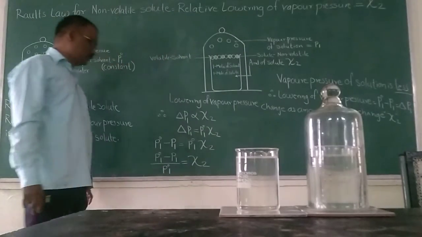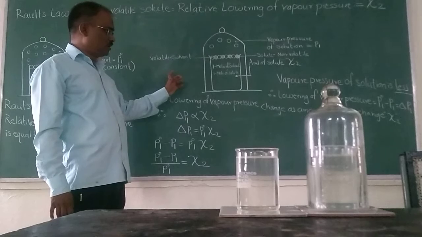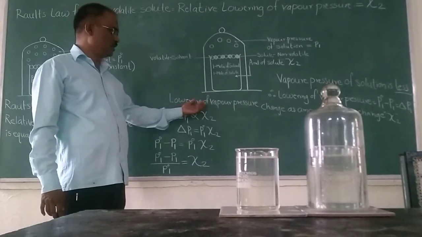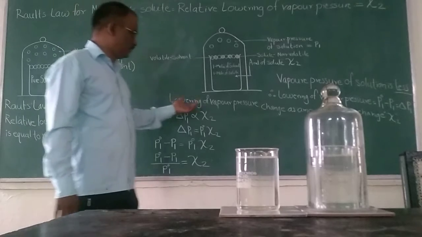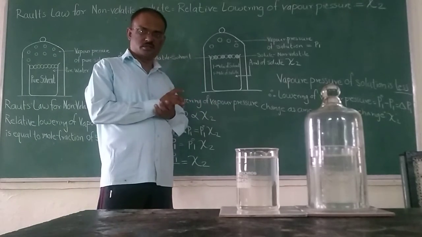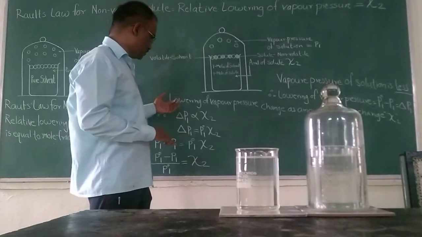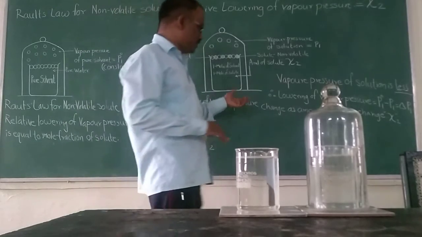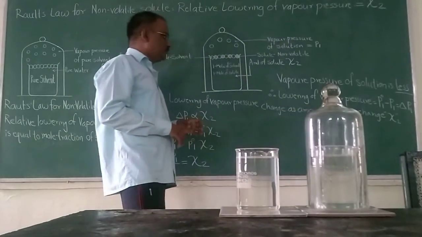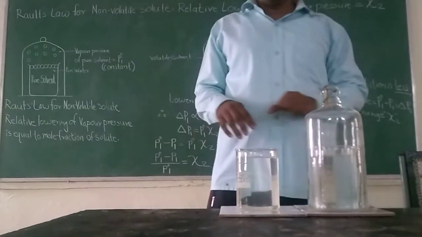That is delta P1. Now as you know, this delta P1, that means the lowering of vapor pressure, is called the lowering of vapor pressure. Okay, this value is very important. These words are very important. The lowering of vapor pressure. So the lowering of vapor pressure changes as the amount of the solute changes. Now if I add more amount of the solute in this beaker, then what will happen?